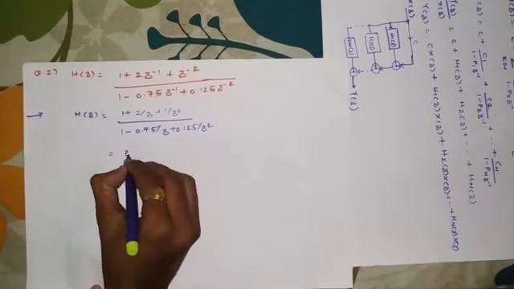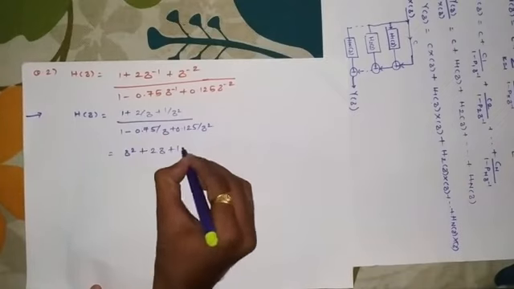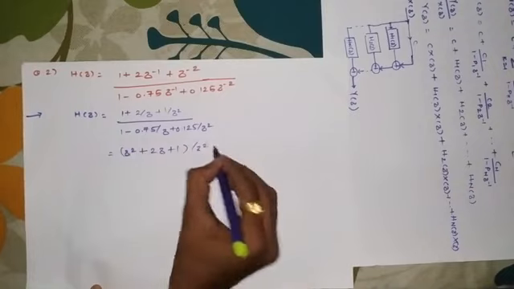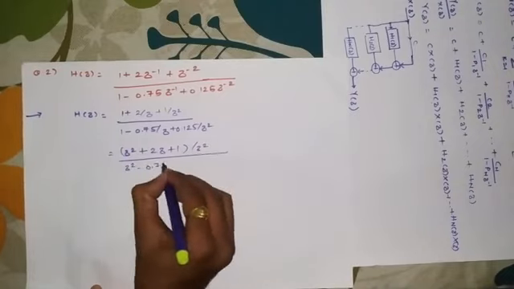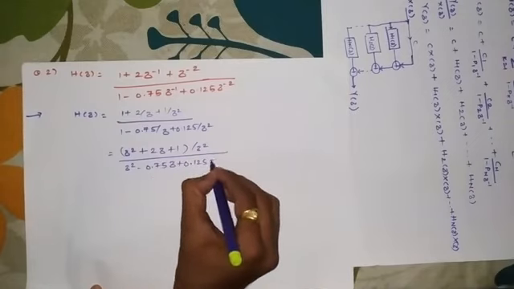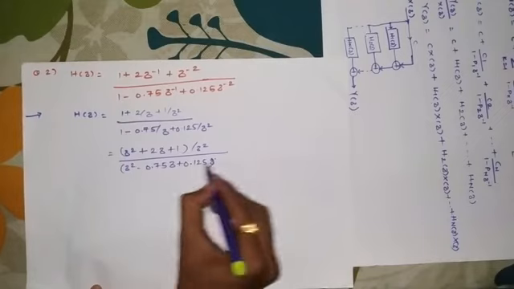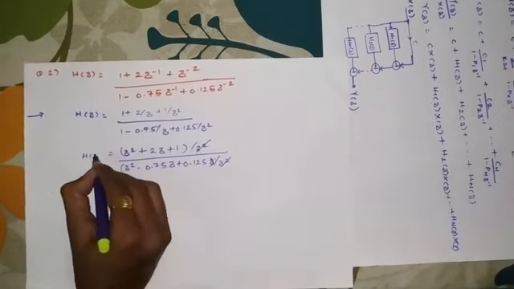So this equation becomes z square plus 2z plus 1 divided by z square, upon z square minus 0.75z plus 0.125, divided by z square. So that z square will get cancelled and we'll get this equation.